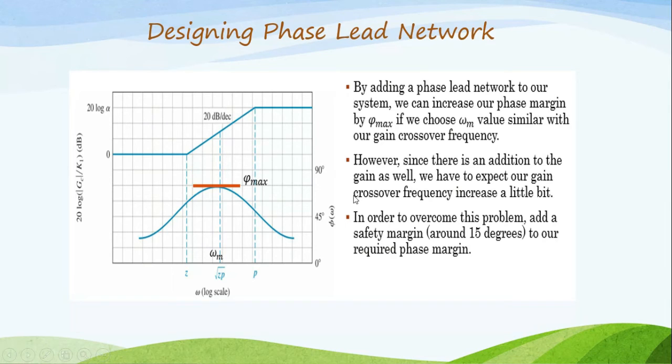However, since there is an addition to the gain as well, we have to expect our gain crossover frequency to increase a bit. To overcome this problem, we add a safety margin of around 15 degrees to our required phase margin.